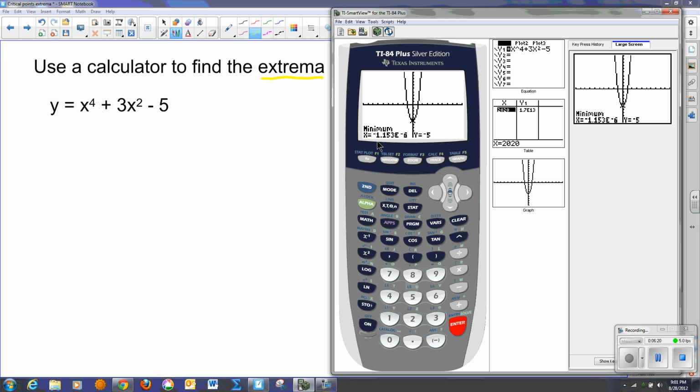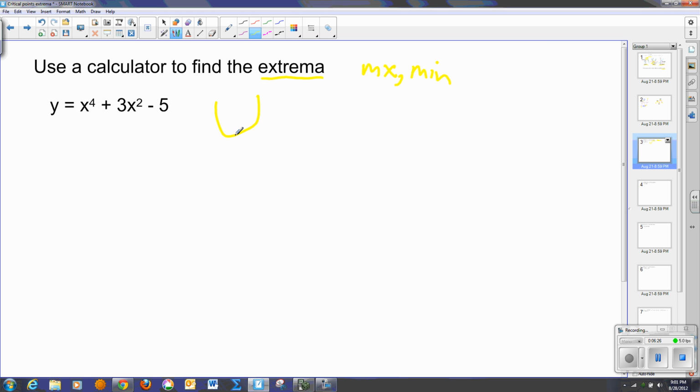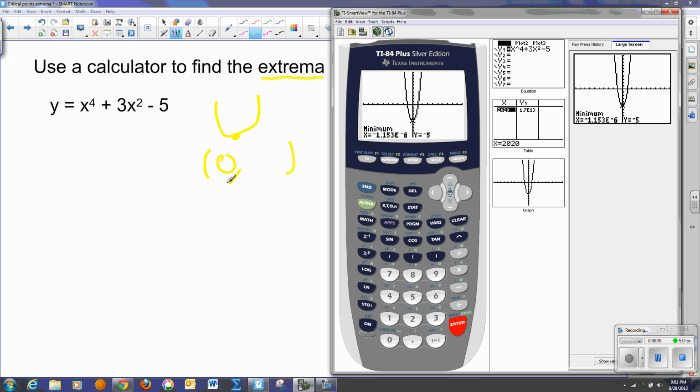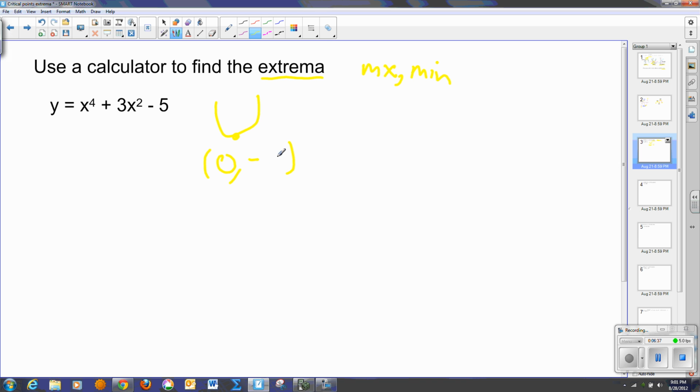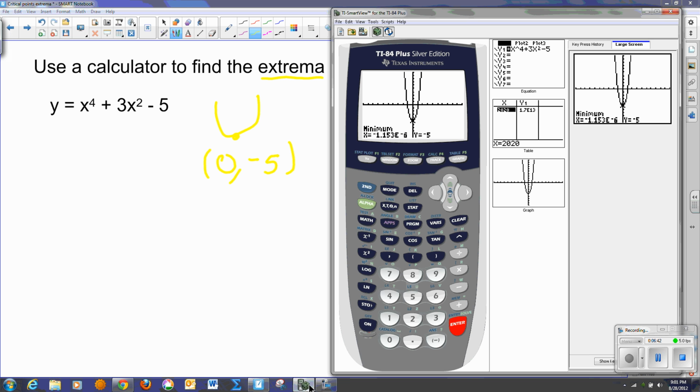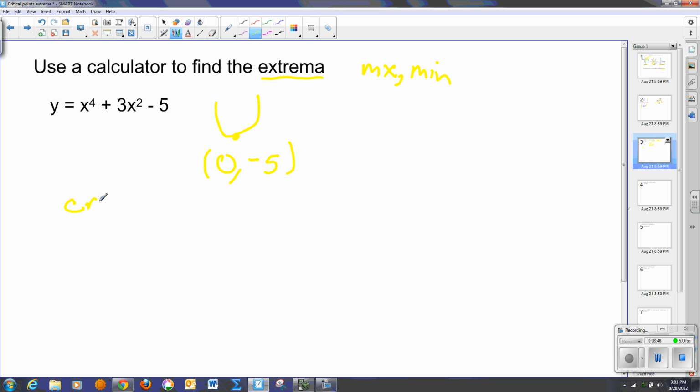All right. So if I look at this graph, I know that that low point is roughly at 0, and then the y value of that is going to be roughly at negative 5. So, given that, I say my critical point is at (0, negative 5).